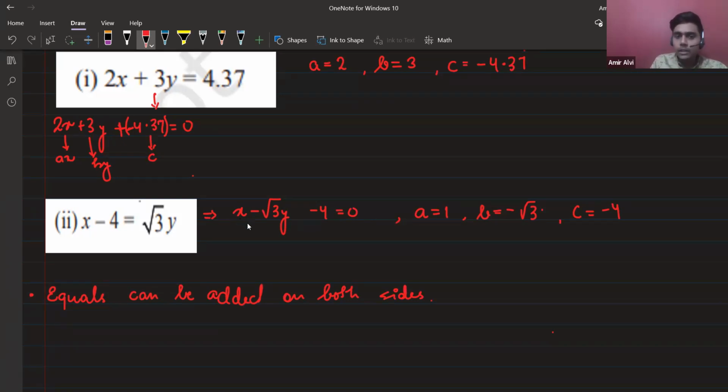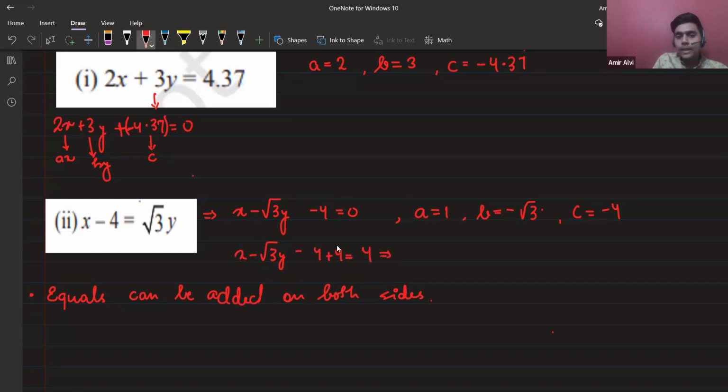There are some specific values of x and y; if we put them in, this equation will become 0. That is the meaning of the equation equals 0: the solutions of x and y. If they are equal and I add 4 here and 4 here, will there be any effect? Suppose I write this as x minus √3y minus 4 plus 4 equals 4.